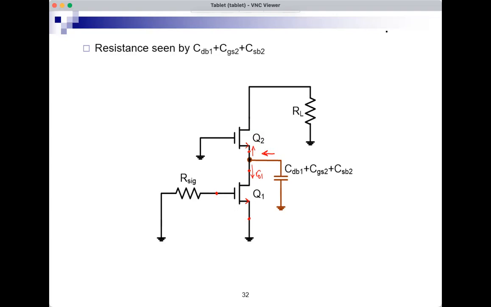And I'm looking into its input at the source with an RL connected between drain and ground. So here I will see an Rin of CG when an RL is connected to the common gate. And I have a formula for this. It's RL plus RO2 divided by 1 plus GM2 RO2. So what is the resistance seen by the brown capacitor? It will be this looking up in parallel with RO1.